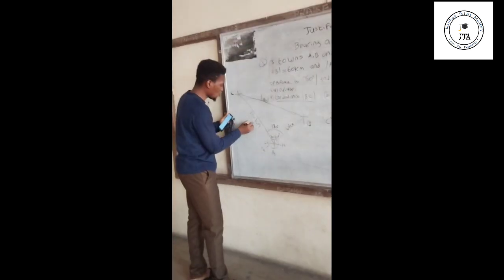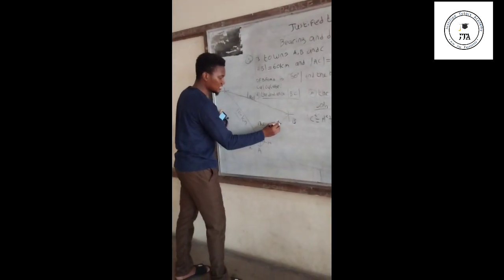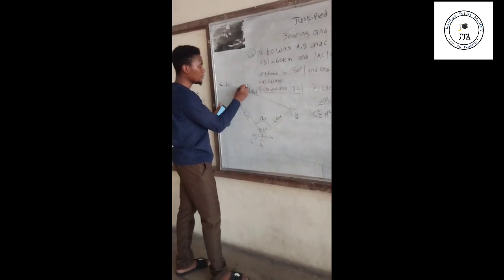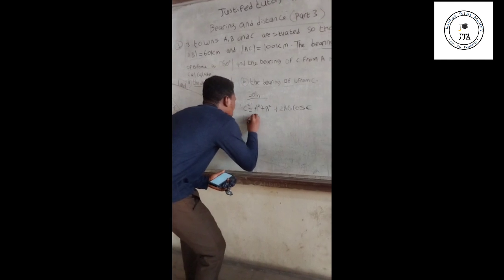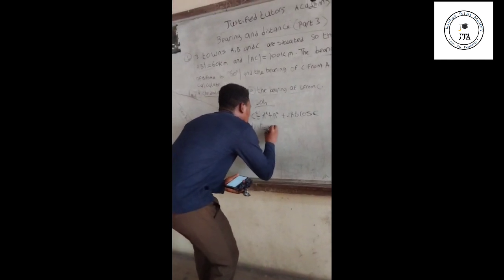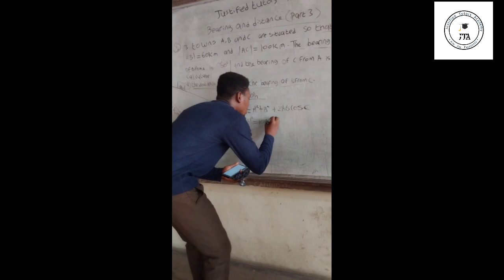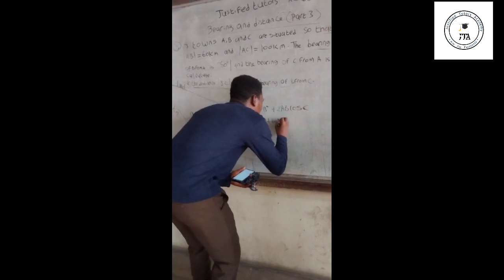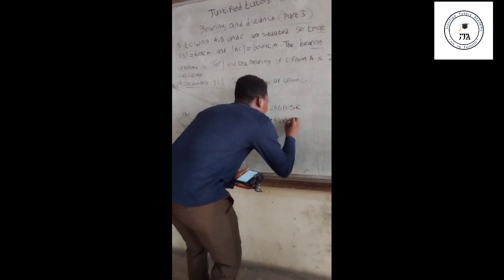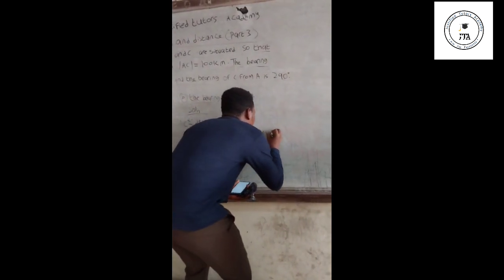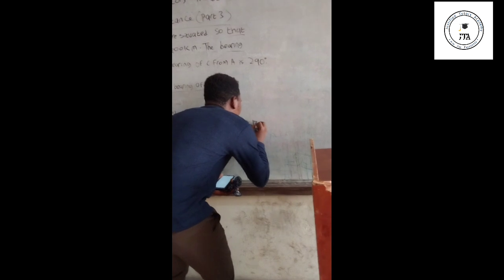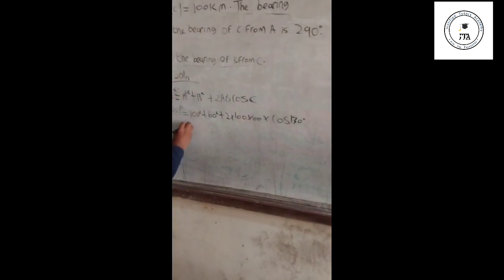So now, straight to it. Our A is 100 kilometers. Our B is 60 kilometers. And our C is BC. So we'll be having BC squared is equal to 100 squared plus 60 squared, 2 times 100 times 60 times cos 130 degrees.